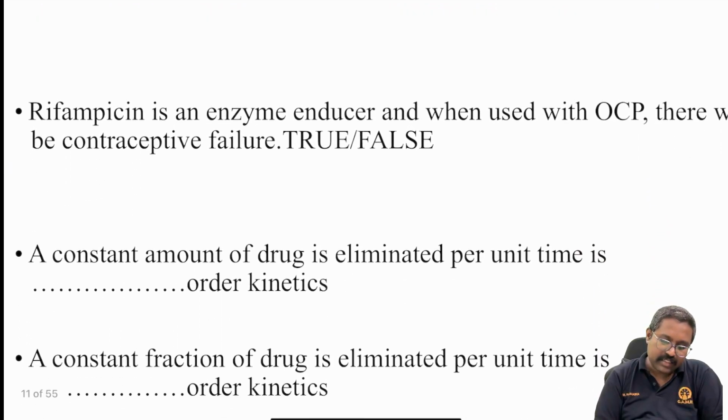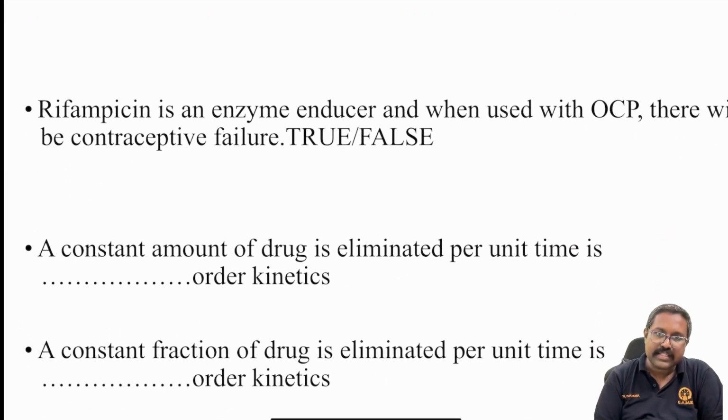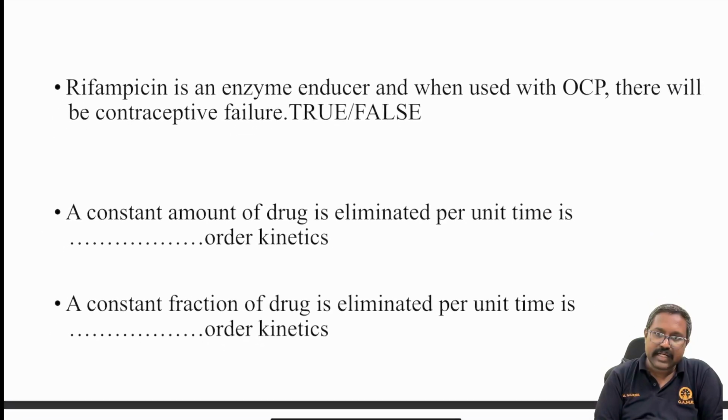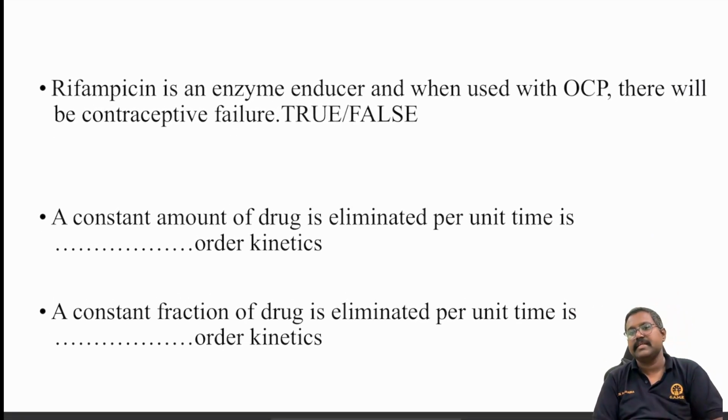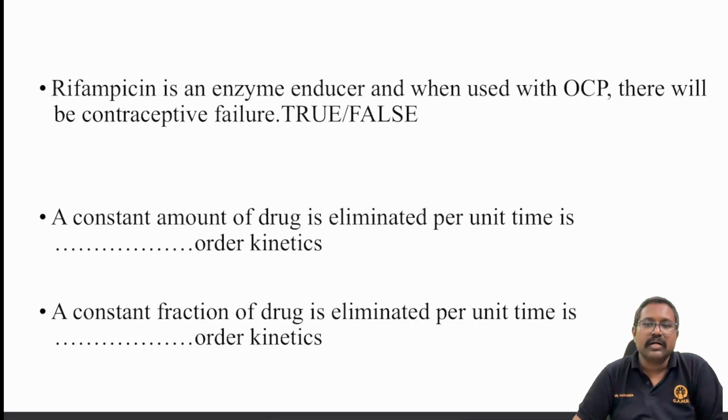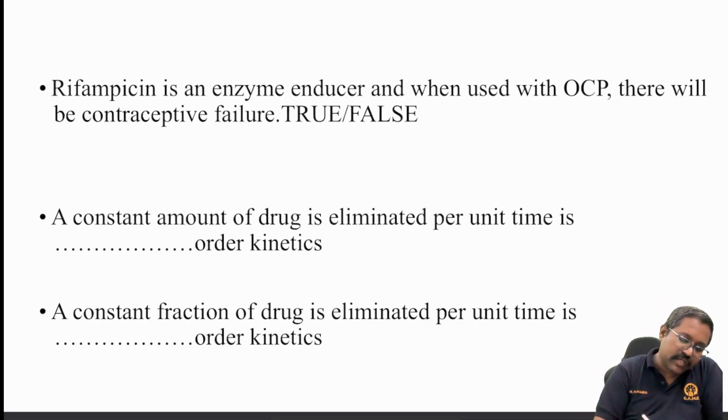So let us take one more concept. Generally they are going to ask about these microsomal enzyme inducers and inhibitors in the form of case-based MCQs. As you know, rifampicin is an enzyme inducer.